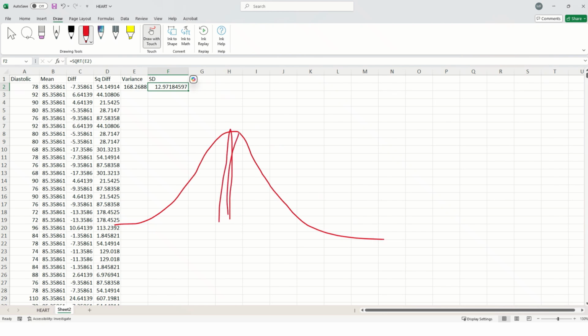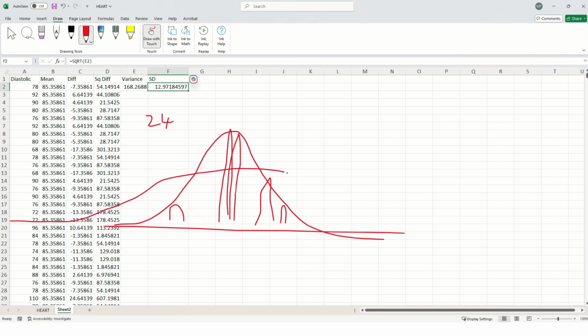Most of the values will be in the center, and lesser and lesser number of values will be on the periphery. But if we have a standard deviation which is larger than 13, say 24, our histogram might look much flatter or much more spread out, something like this.